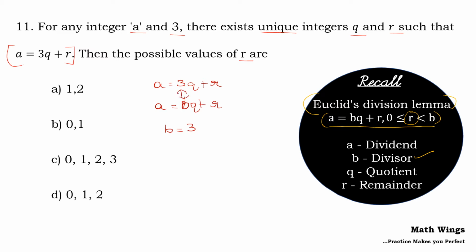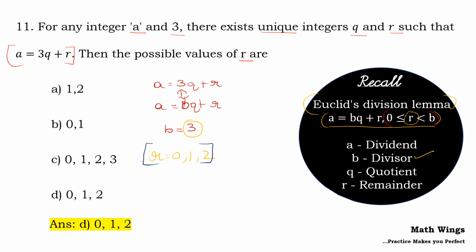So r should be greater than or equal to 0, therefore r can take the value 0, as well as r should be lesser than b, that is 3. R can take the values lesser than 3, so we have 1 and 2. Therefore, the final answer for r is 0, 1, 2. Therefore, the correct option is option D.